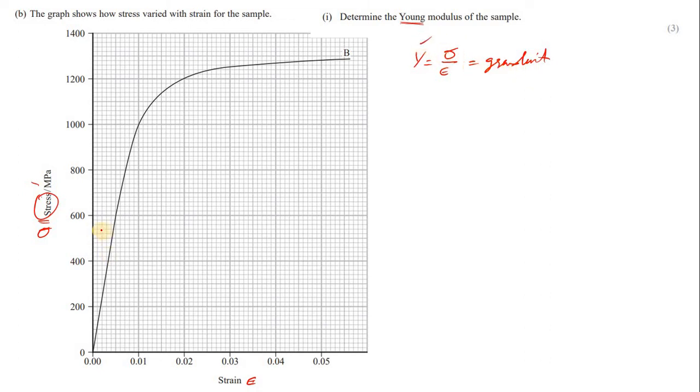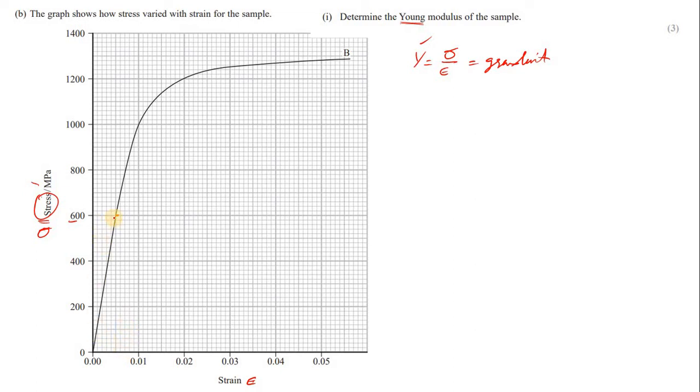For me, in this section the graph is slightly bending to the right side. So for the safe side, I will choose this point, meaning 600 stress and the corresponding strain.